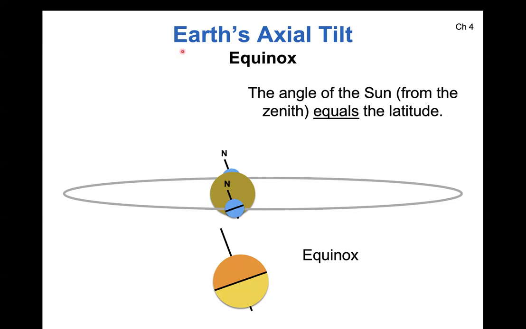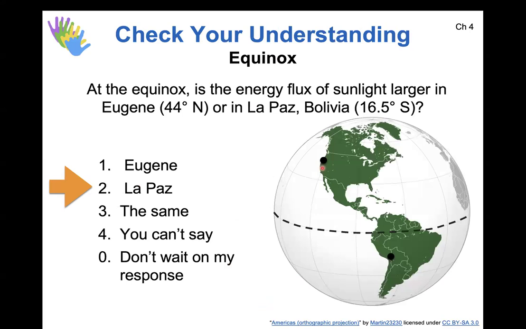So with that consideration and with this statement, the angle of the sun equals the latitude at the equinox, we can come up with the following result: it is in fact La Paz, because La Paz has the smaller latitude in terms of its value. Therefore it's going to have sunlight that's closer to the vertical.